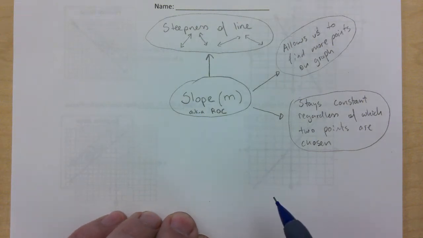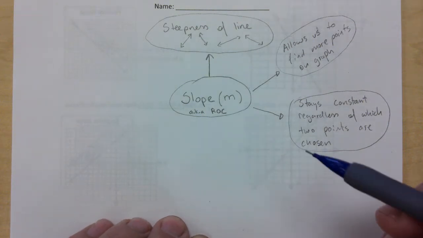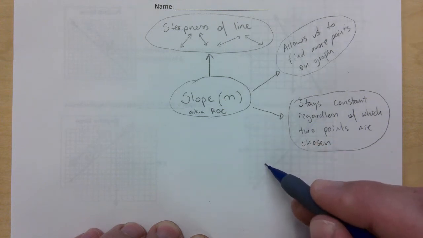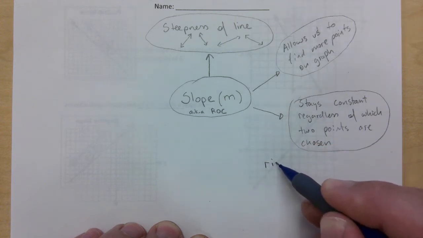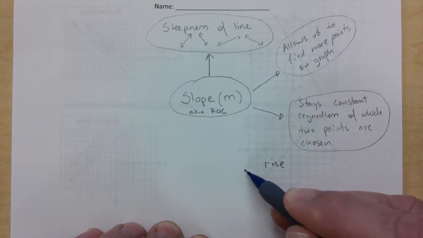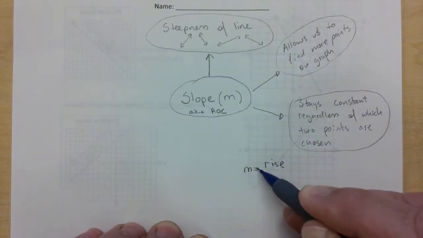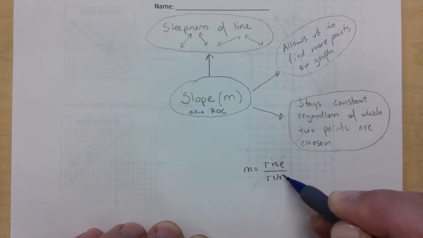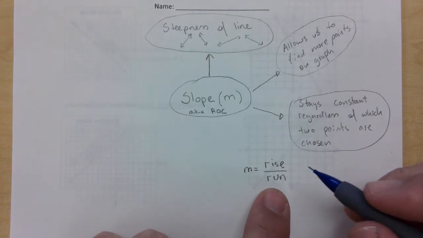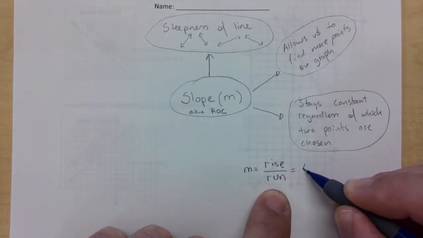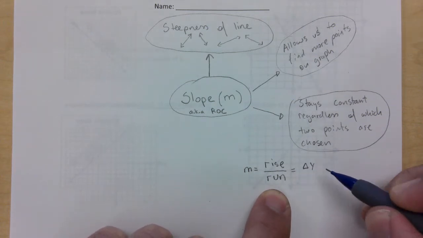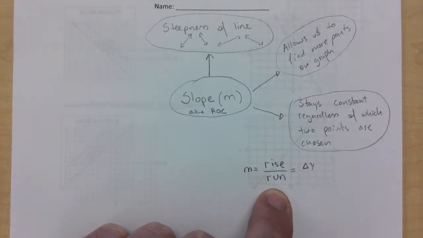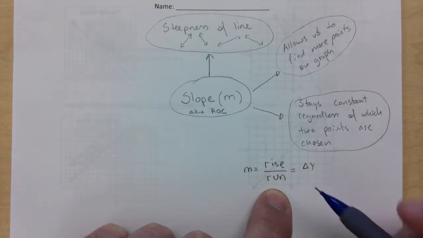And here I will add, it is the rise. So slope will sometimes be referred to as rise over run, which is the same thing as delta y. Your change in y is called a rise, even though sometimes we'll be dropping, we still refer to it as the rise.